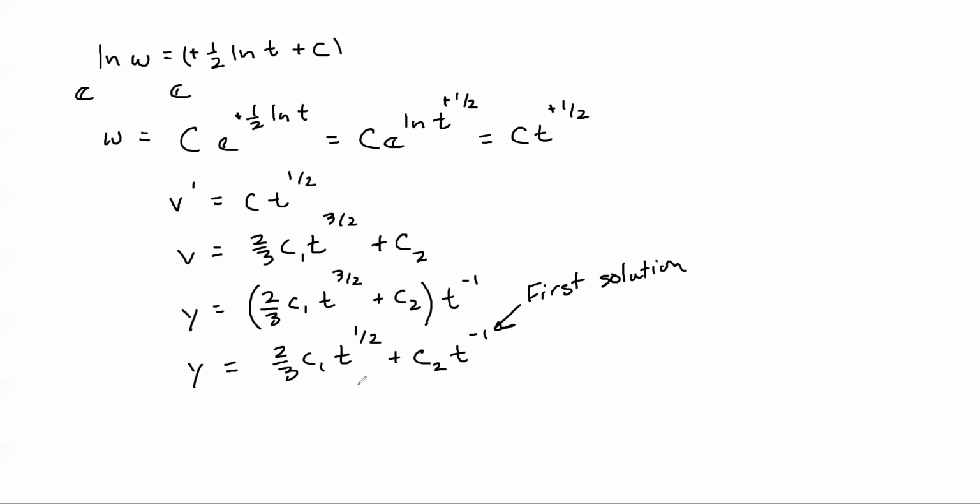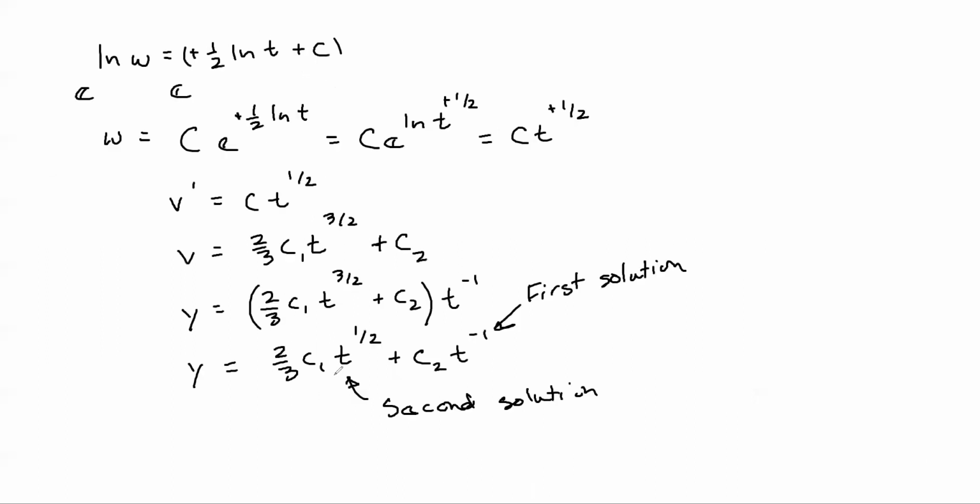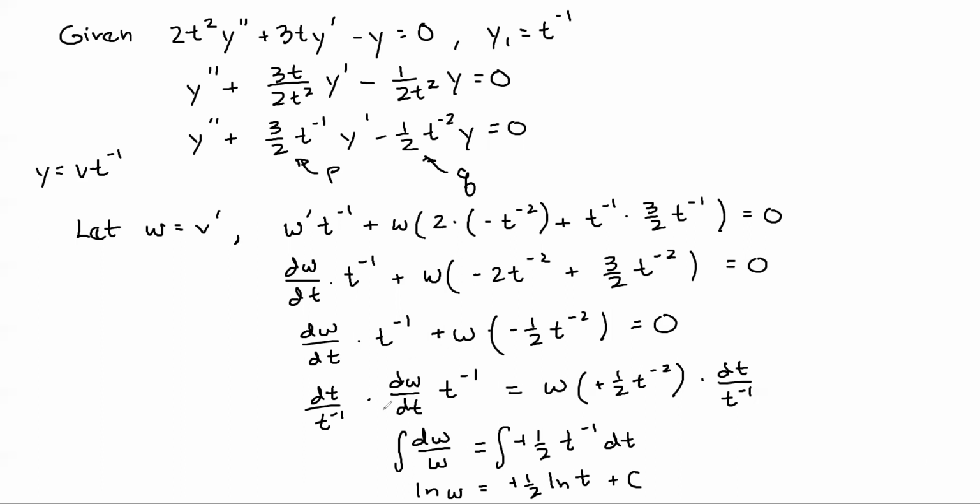And so our second solution is right here. That's the second solution. Right, so when it comes to the second solution, you just ignore the c1 and the 2/3. That's just a multiple of the second solution. So the second solution is t to the 1/2. So the two solutions to this are actually t to the -1, that's the first solution, and t to the 1/2, that's the second. Okay, so let's just recap, right?